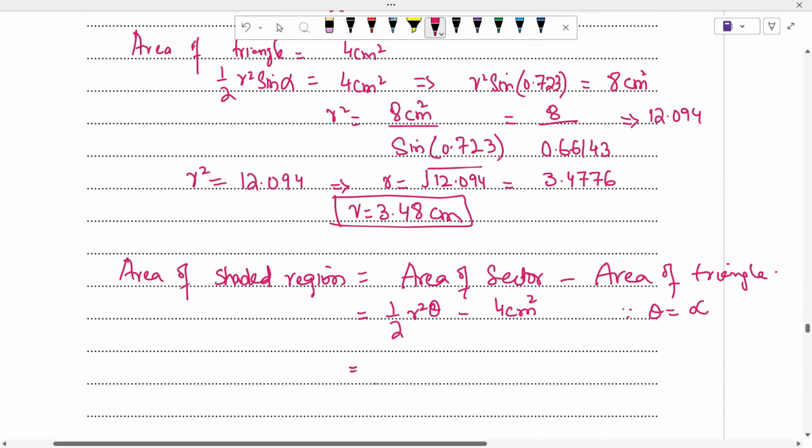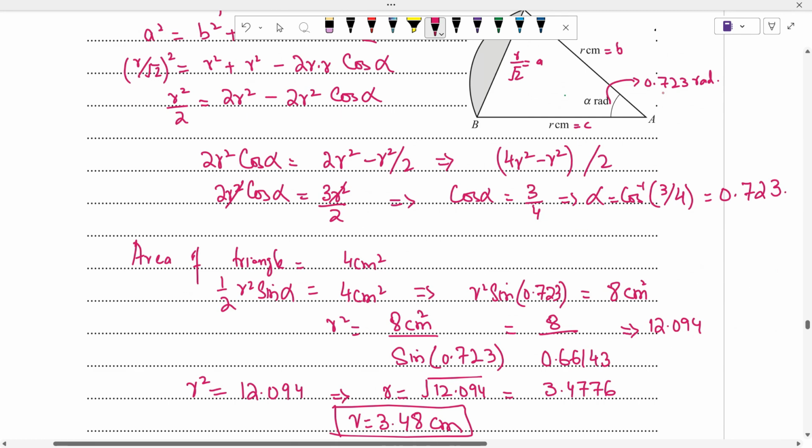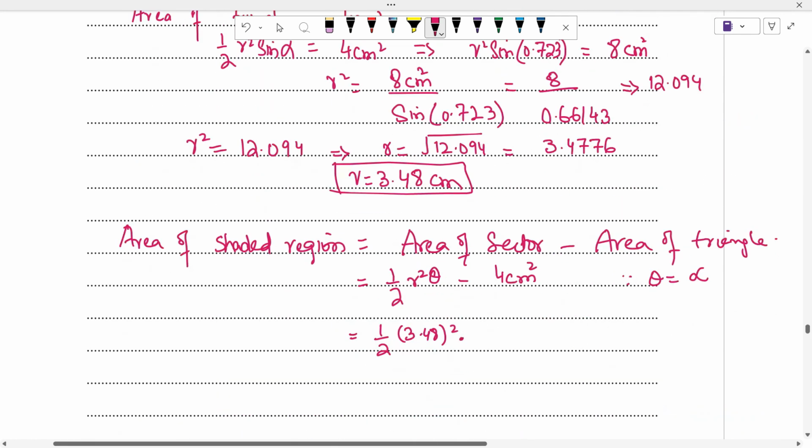So plugging in the value, 1 over 2 times r, which we just calculated, 3.48 squared, theta is alpha, which was 0.723, minus 4.